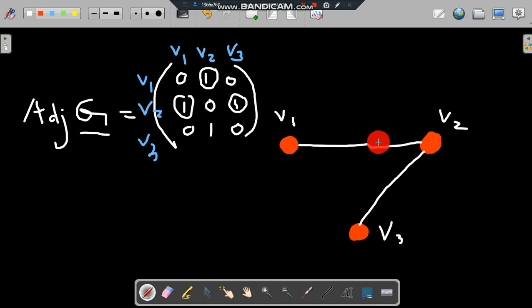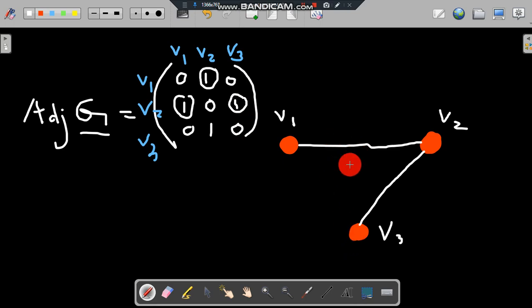This is one edge, this is another edge. Now V3, V1: there is no connection. And V3, V2: there is a connection already. And V3, V3: 0 comes, there is no connection.